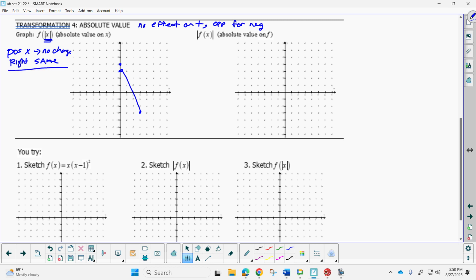Now, we know that when they're negative x's, they get, first of all, negated. Negative x's will be made like positives. And so the left side is a reflection of, or will be exactly like, the right side.